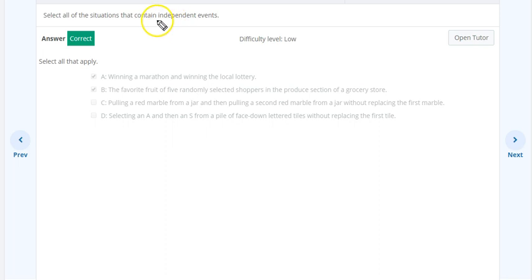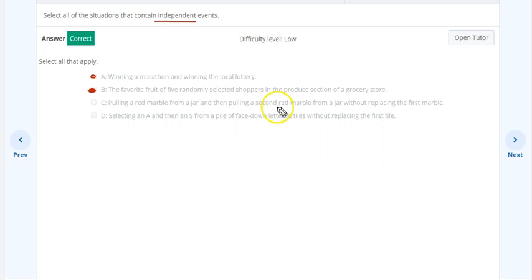Now we want to see independent events. Winning a marathon, winning a local lottery. Well, we had that one already, so that's an independent event. The favorite fruit of 5 randomly selected shoppers in the produce department. Well, there are different shoppers. That would be independent. Pulling a red marble from a jar. Okay, we talked about this.